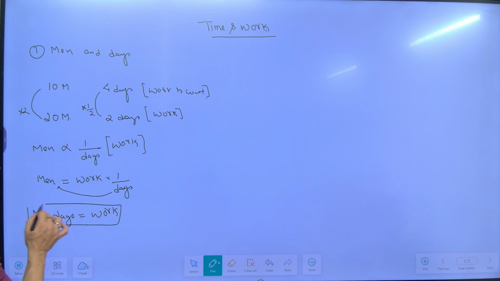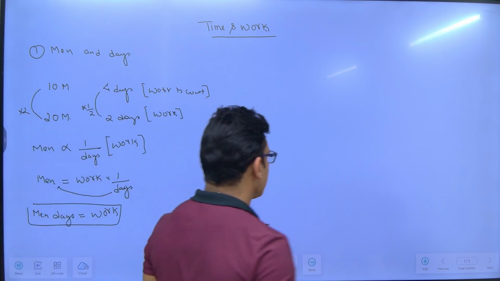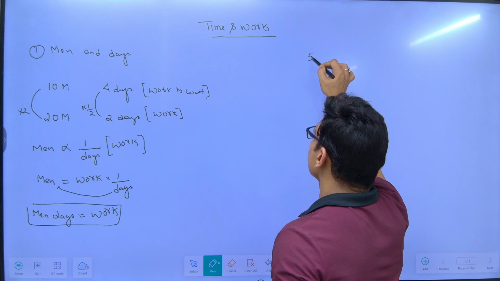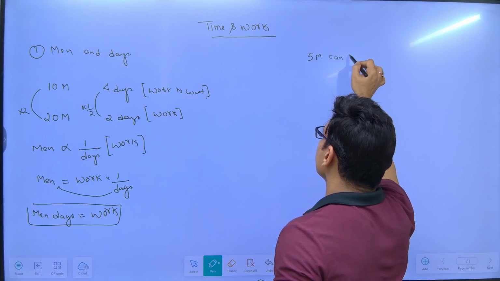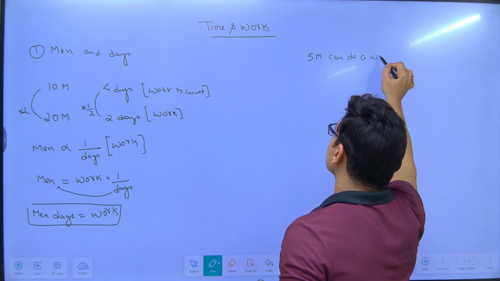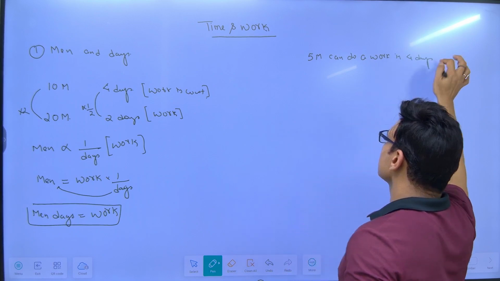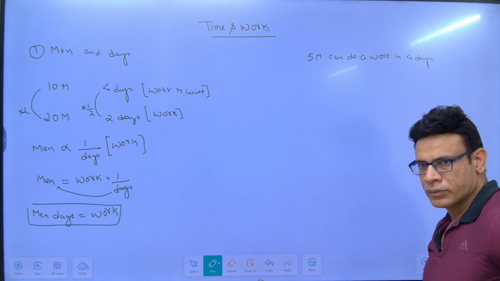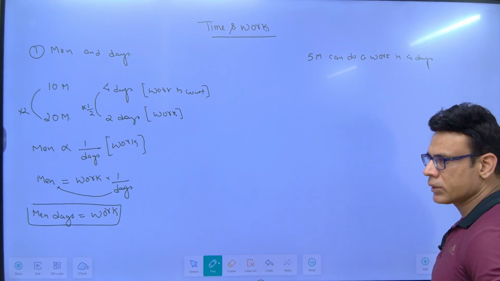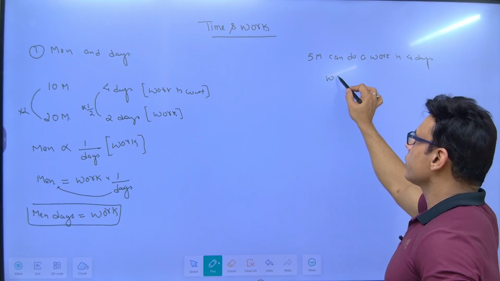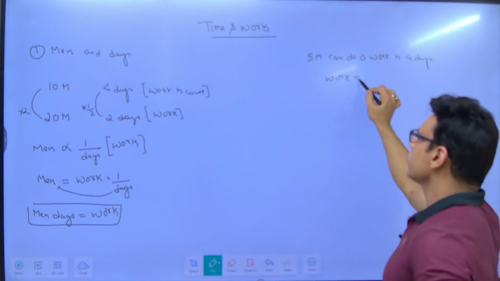Example, if I say that 5 men can do a work in 4 days. 5 men can do a work in 4 days. If I have to find out total work, what can I do?